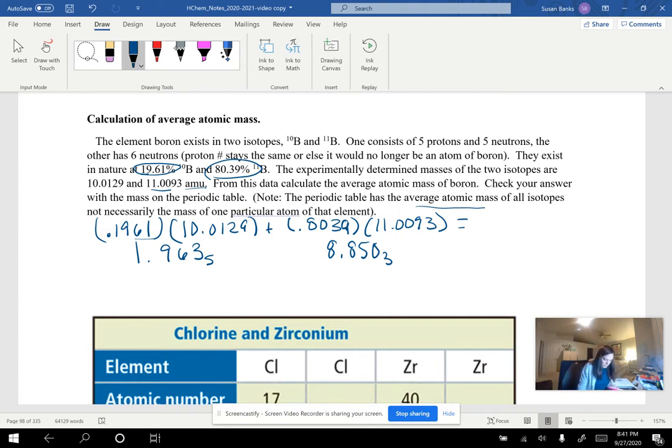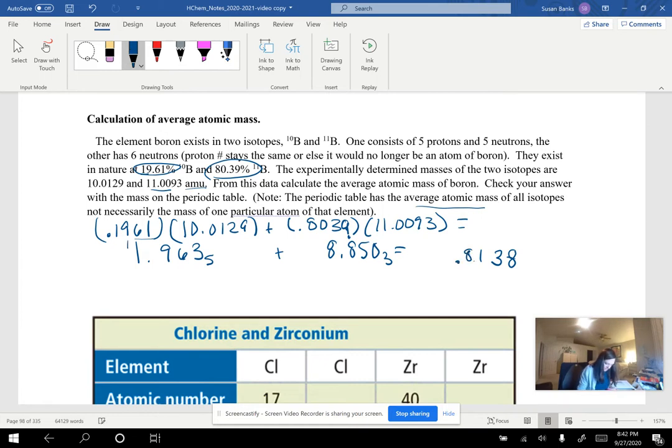Okay, so I'm going to add those two up. 5 plus 3 will give me 8. 0 plus 3 will give me 3. 5 plus 6 will give me 11. We're going to carry that one. 9 plus 9 will give me 18.